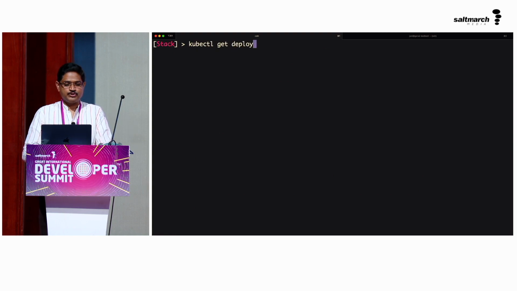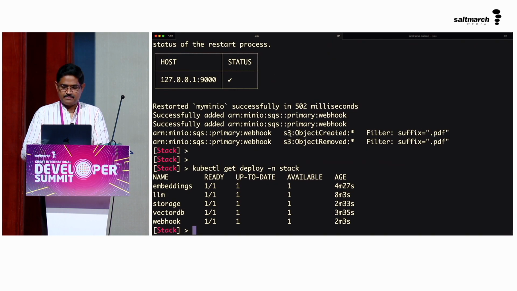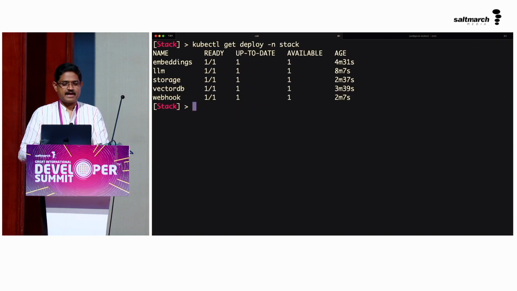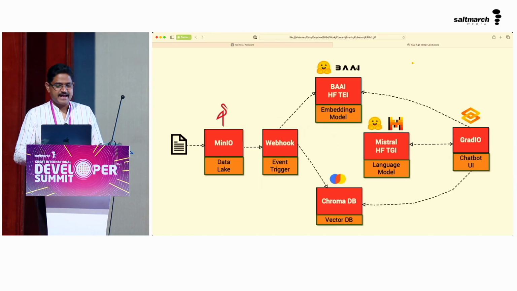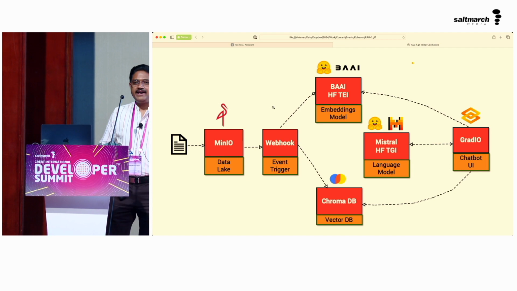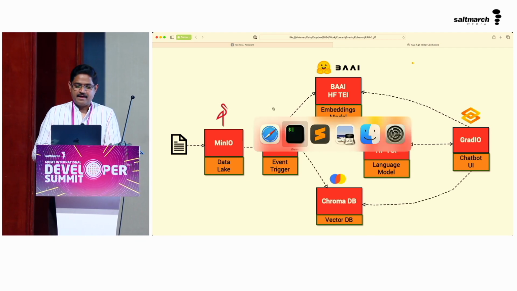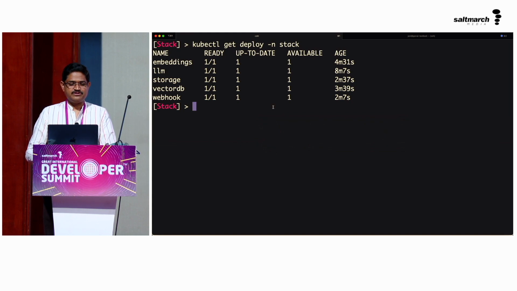Now, when I do get deploy, you see all these elements. And now coming back to my architectural diagram, each of them has been deployed as a microservice or as a deployment. Finally, we need to deploy our chatbot. So let's also do that.